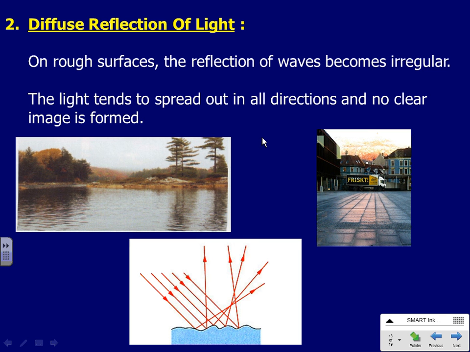So what happens when the light strikes it? Well, as a light ray comes in, it hits the surface, and that little piece of surface is going to have its own normal, and angle i is still going to be equal to angle r, but it may head off in that direction if the normal was right there.